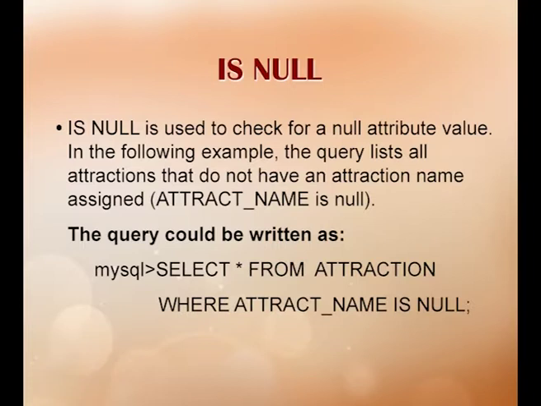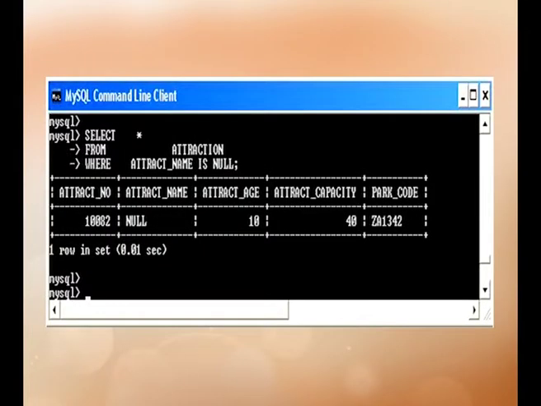The query lists all attractions that do not have an attraction name assigned. So wherever there is no attraction name assigned, that is, a null value is there, that needs to be displayed. It is a kind of checking factor. Select star from attraction table where attraction name is null.